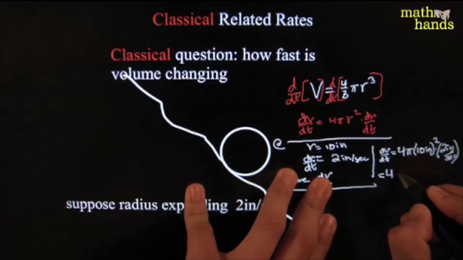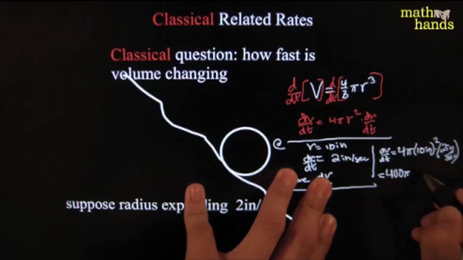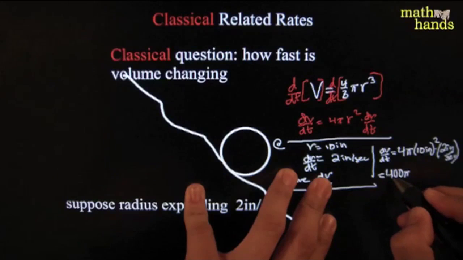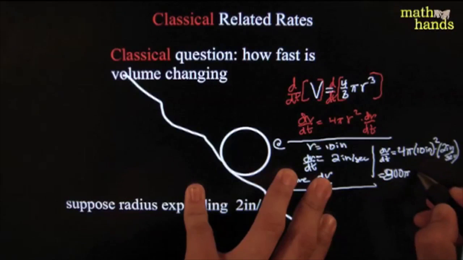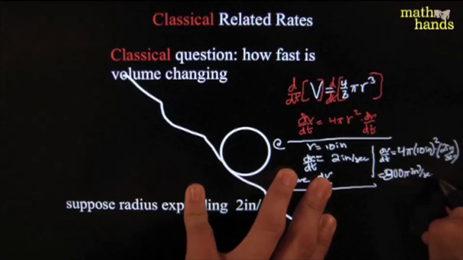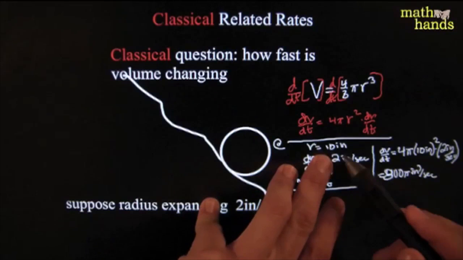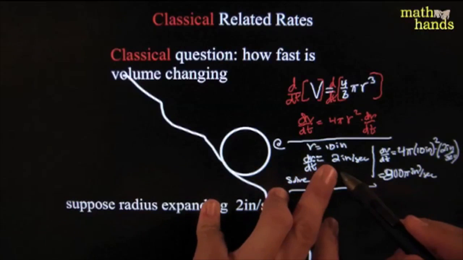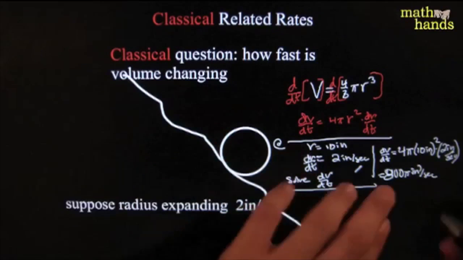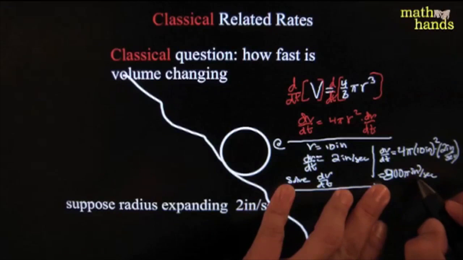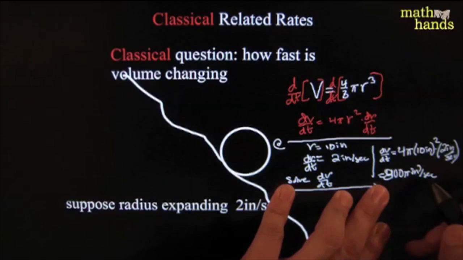That would give you 400 pi. Oh, and I had that 2 in there. That'll give you 800 pi cubic inches per second. So you asked me how fast is the volume changing at exactly the point when the radius is 10 inches and the radius is changing at 2 inches per second. Oh, I got that. It's changing at exactly 800 pi cubic inches per second. Yippee-ki-yay.